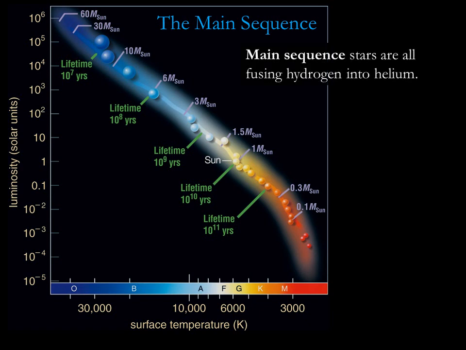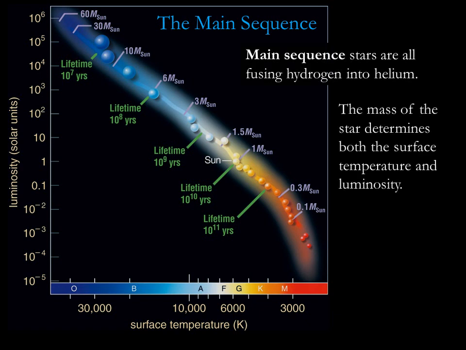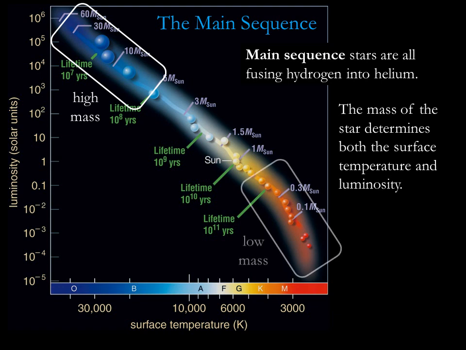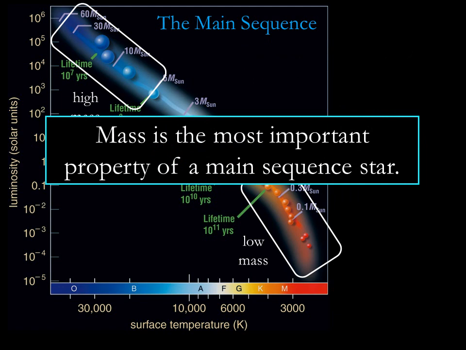They are all fusing hydrogen into helium in their cores. The mass of the star determines both the surface temperature and the luminosity. The hottest and most luminous main sequence stars have high mass. The coolest and dimmest main sequence stars have a low mass. This orderly arrangement along the main sequence tells us that mass is the most important property of a main sequence star.